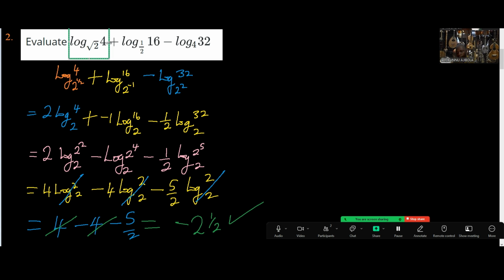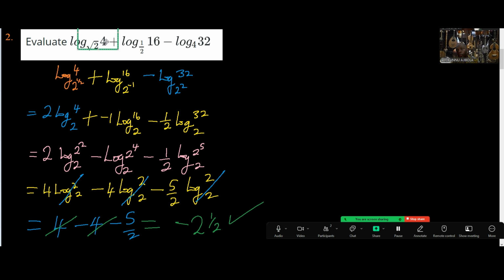Yes, sir. Since I didn't combine them, I don't have any reason to say I'm following the law of logarithm that says if I see plus, I should multiply them, and if I see minus, I should divide. But we're still going to meet questions with that. Since each one could be solved down, the first to 4, the second to 4, and the third to 5 over 2, then definitely we just carry out this.